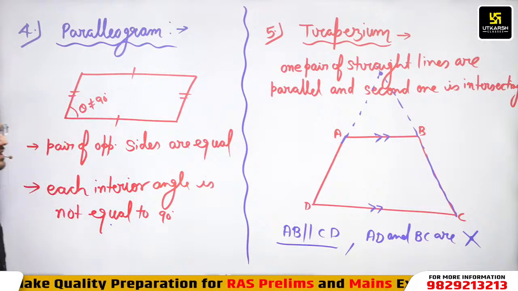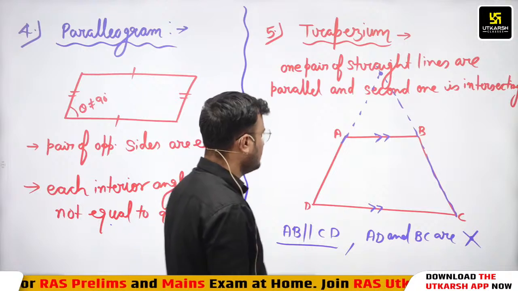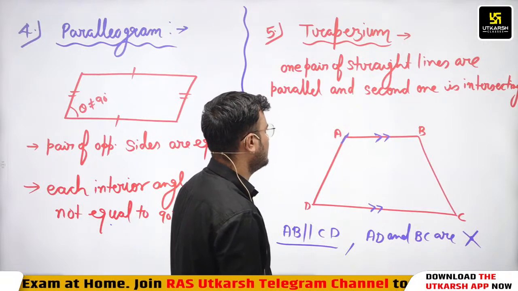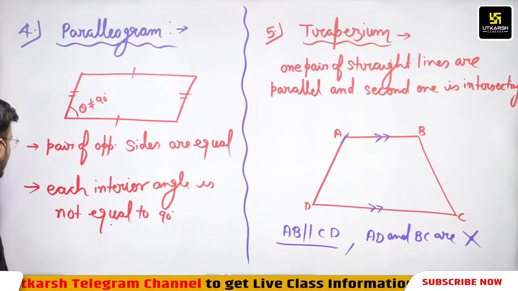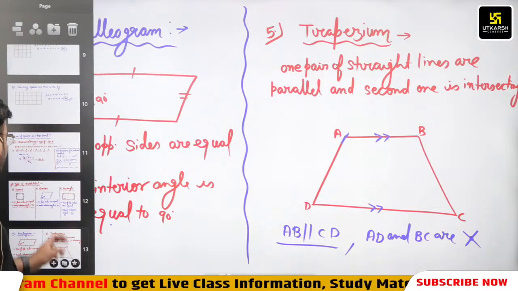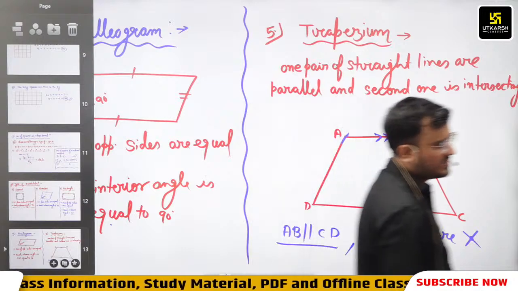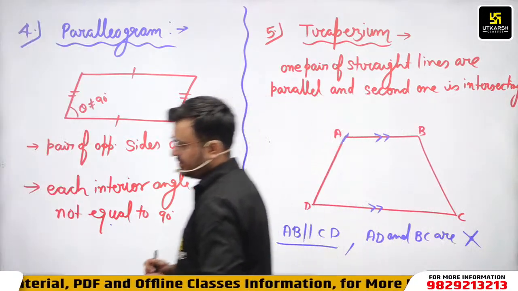So one pair is intersecting and the other one is parallel. That kind of figure is known as your trapezium. So basically, if we classify quadrilaterals, there are 5 types: square, rhombus, rectangle, parallelogram and trapezium.